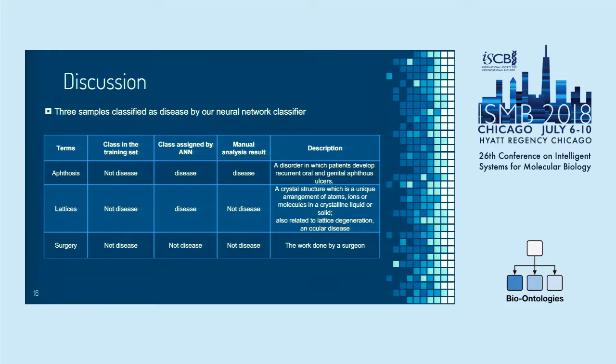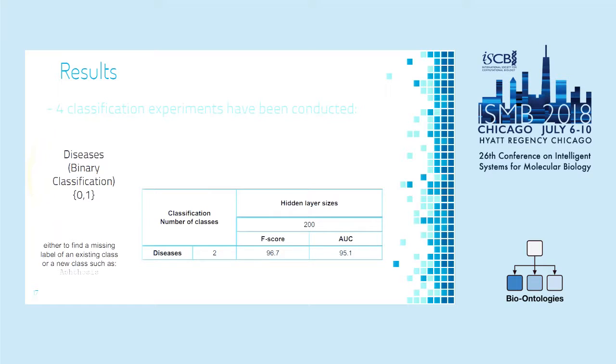And another word, which is a regular one, surgery, is not a disease, and our classifier classified it as non-disease. And with that, we got a high performance, higher than 96% in terms of F-score.